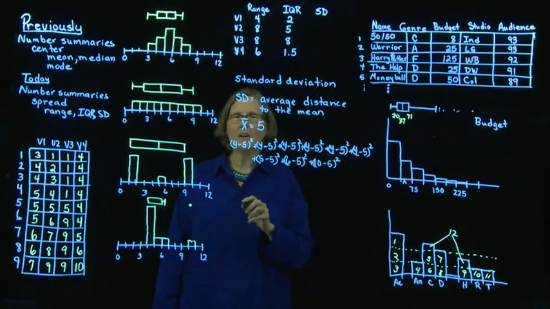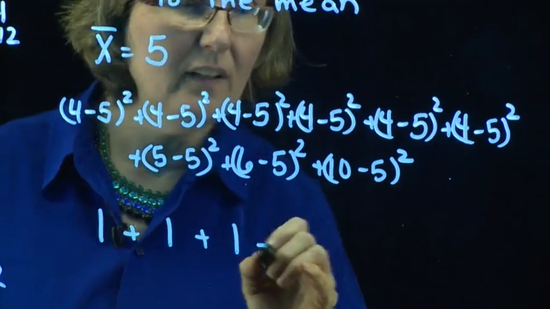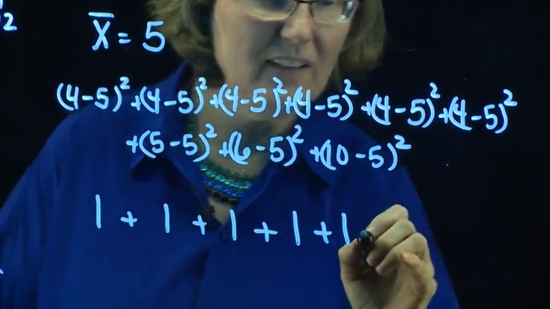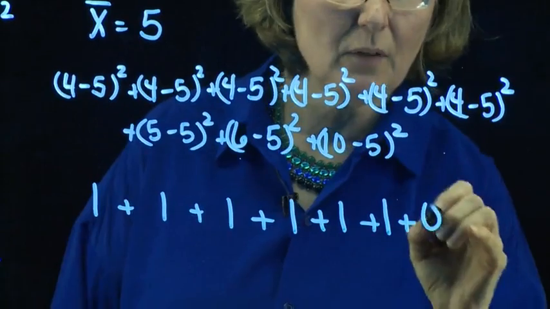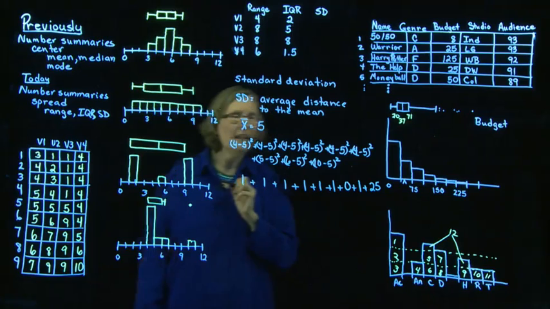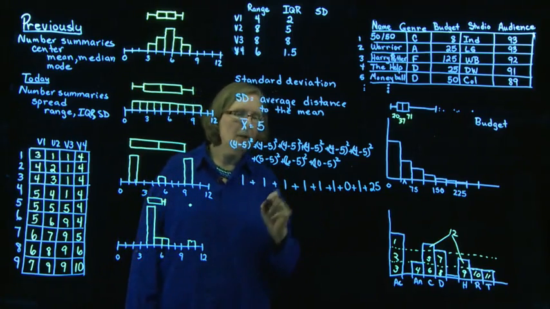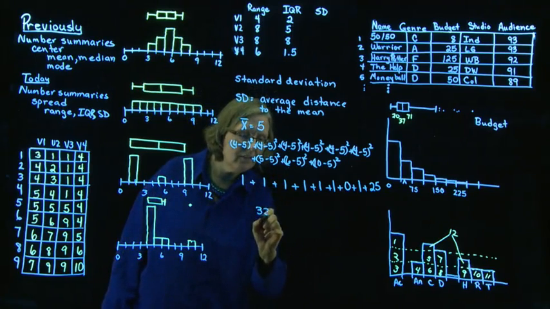Okay. Adding those up, it's 1 plus 1 plus 1 plus 1 plus 1 plus 1 plus 0 plus 1 plus 25. That's the sum of the squared distances. Adding them up is 32.